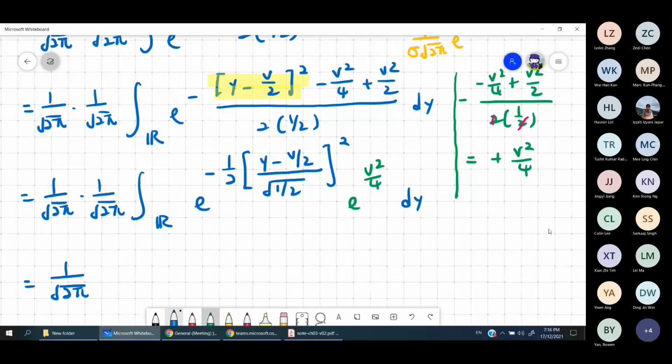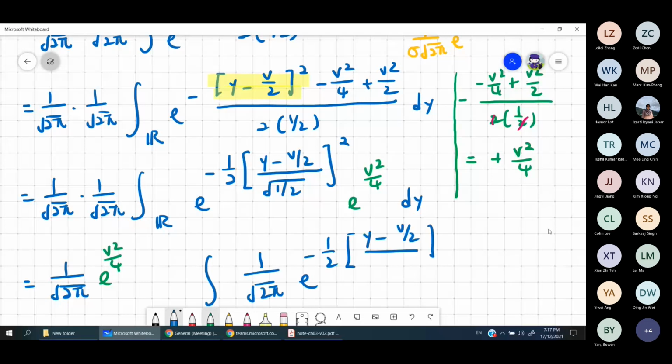Okay, this one you can take out. So that is e to the v squared over 4. Okay, so you have 1 over square root of 2 pi, e to the minus half of (y minus v over 2) squared, where you can say sigma is the square root of half, squared, dy.